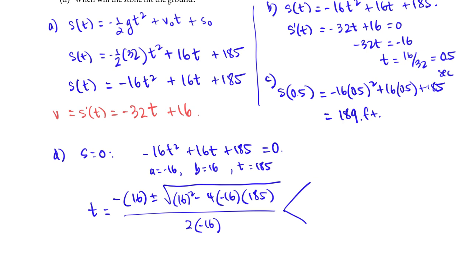If we plug this into a calculator, we will get t equals negative 2.937 and another t equals 3.937. Remember the t is the time after the stone is thrown, so we will simply ignore the negative time. When will the stone hit the ground? It is almost 4 seconds after it is thrown.